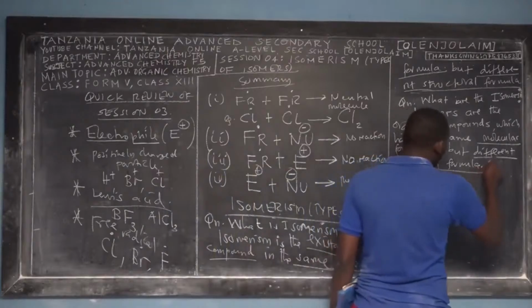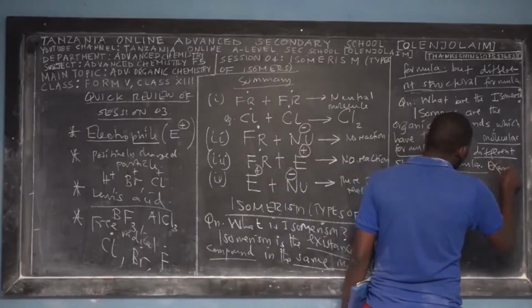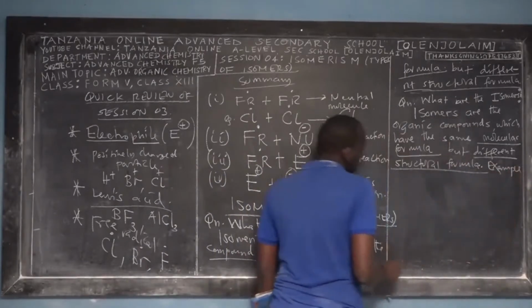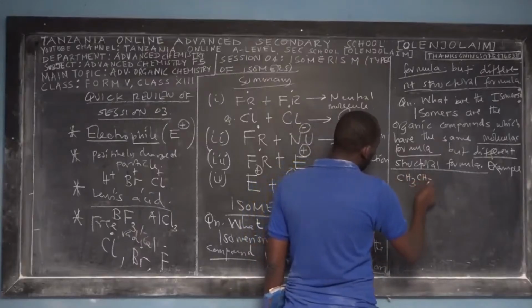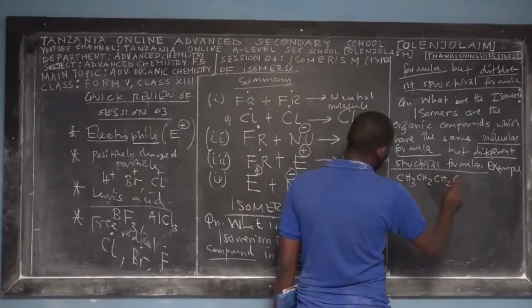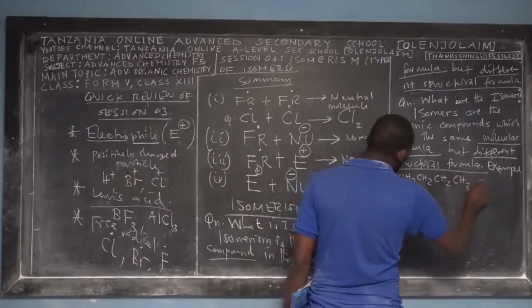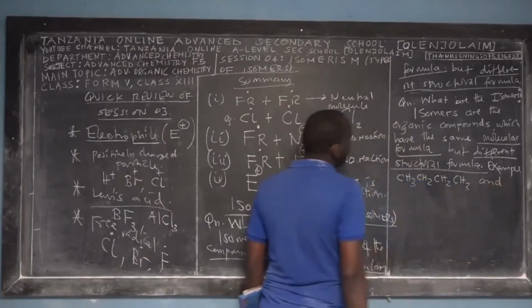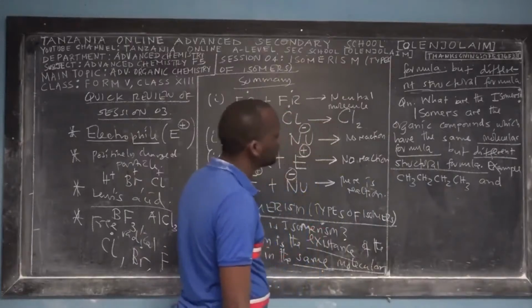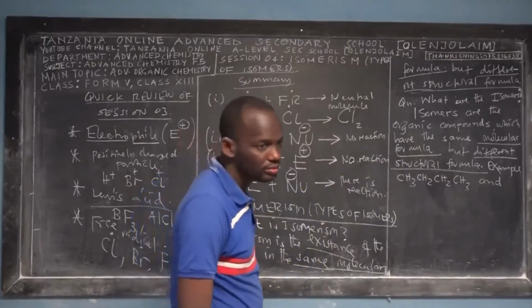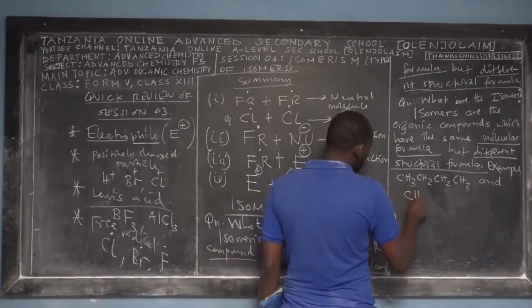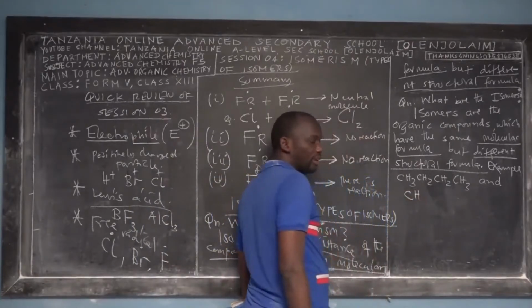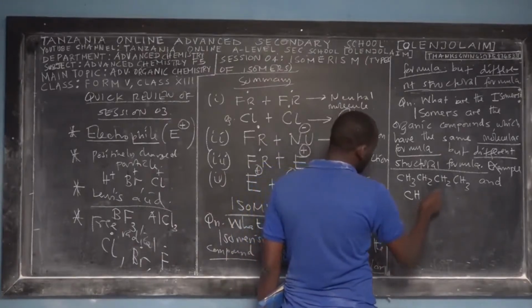I may give you one simple example. An example of isomers is this one: CH3, CH2, CH2, CH3. The molecular formula contains 4 carbons and 10 hydrogens. But by the same molecular formula, we can have a different structure.